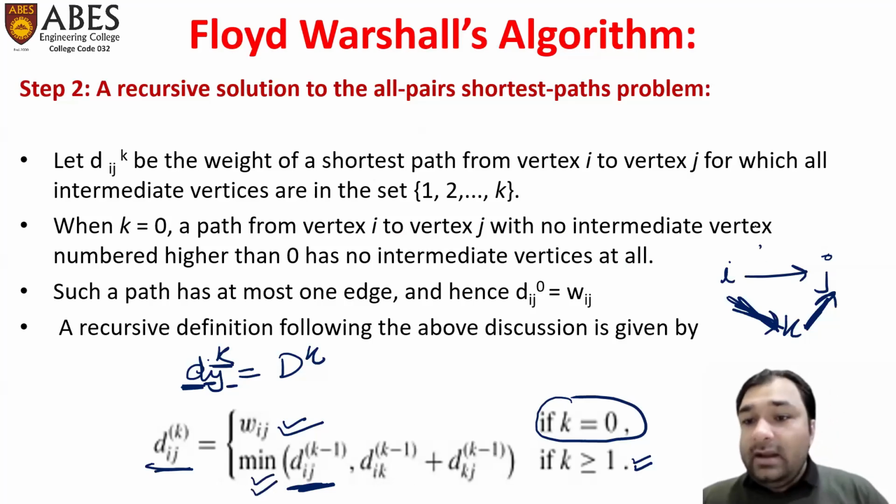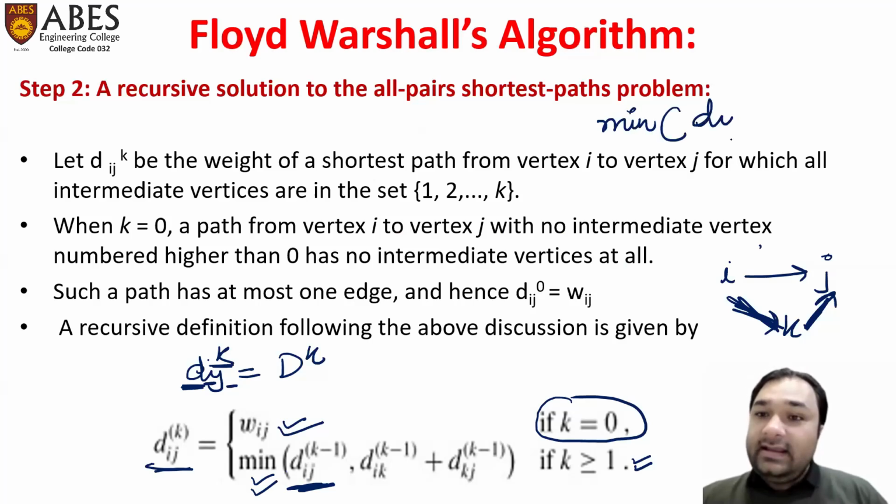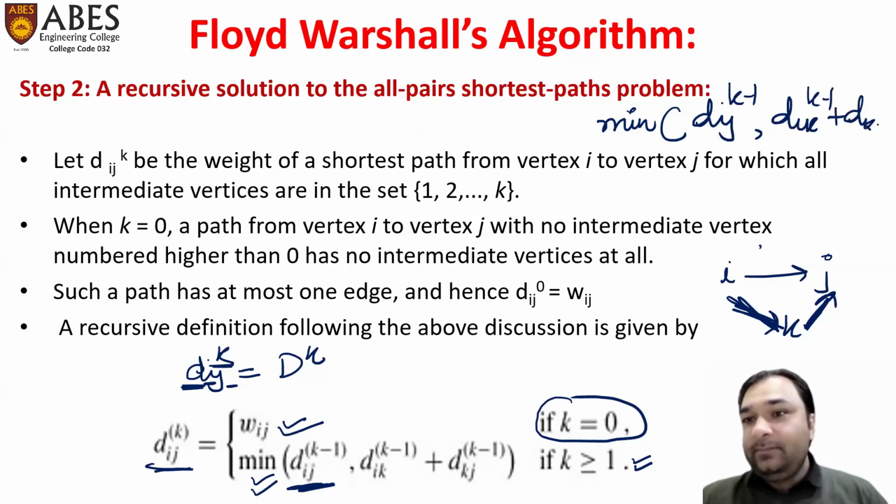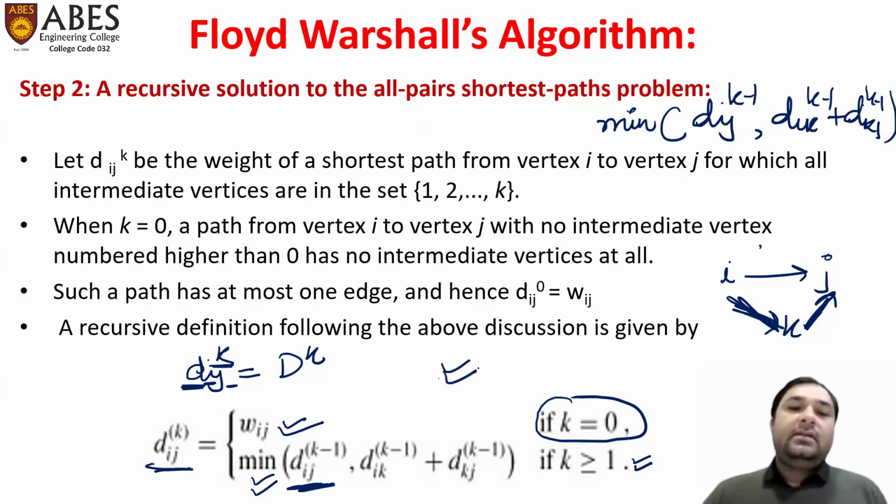That is, the minimum of d_ij^(k-1) and d_ik^(k-1) plus d_kj^(k-1). This is the recursive formulation which we have to follow while solving any problem using Floyd-Warshall.